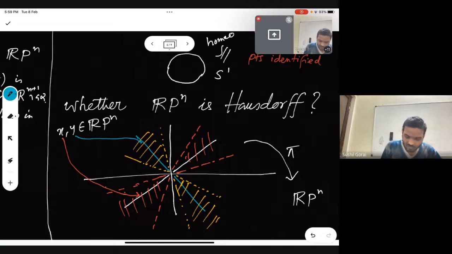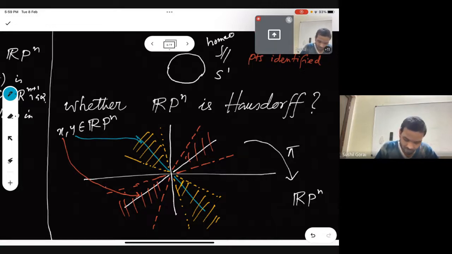Now these two lines correspond to two open cones in Rn plus 1 minus 0 which are disjoint, because this is very simple to calculate.